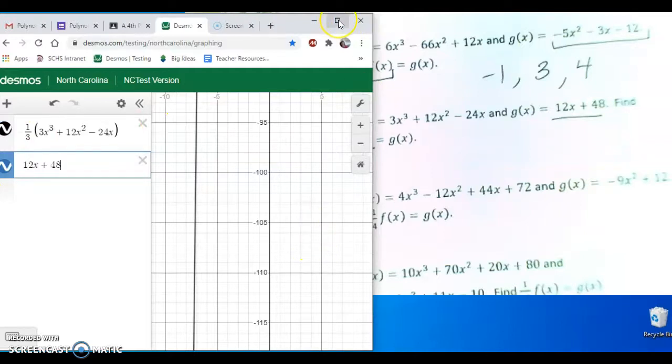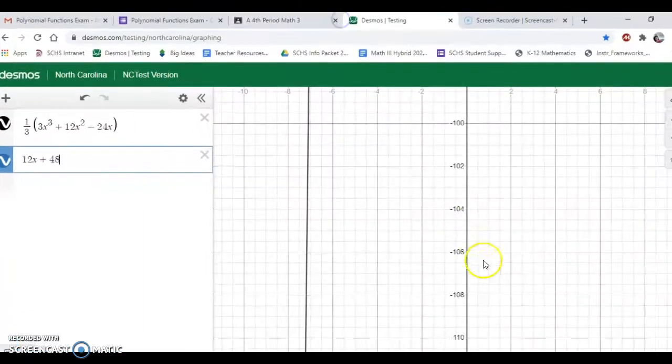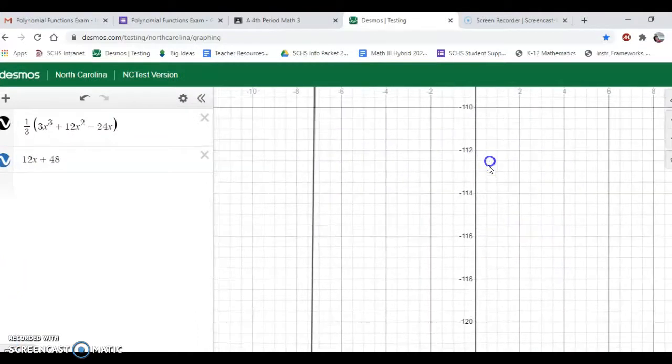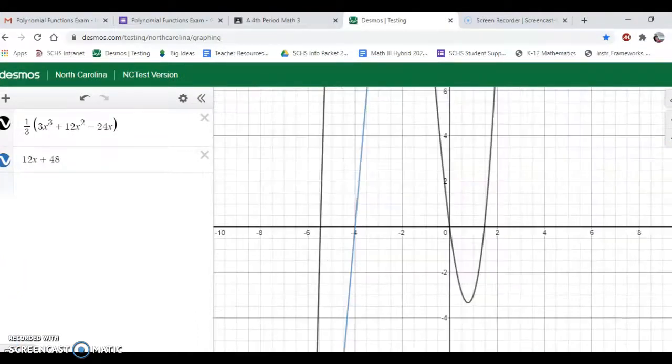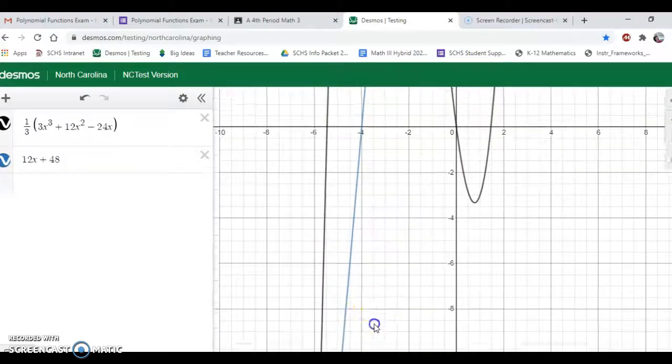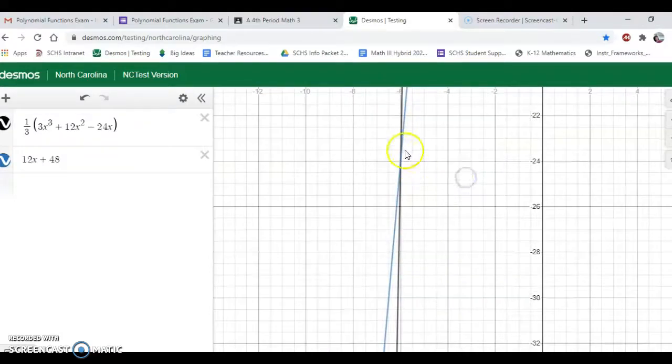And again, I'm going to make it bigger just so that we can see it. And we're just looking for where these two things cross. Sometimes it might look really weird, so maybe if you press home, you can see it a little bit better. So it's this blue line right here, and we're trying to intersect it with the black one. Somewhere down in here it's going to intersect. So -6 is one of the answers.